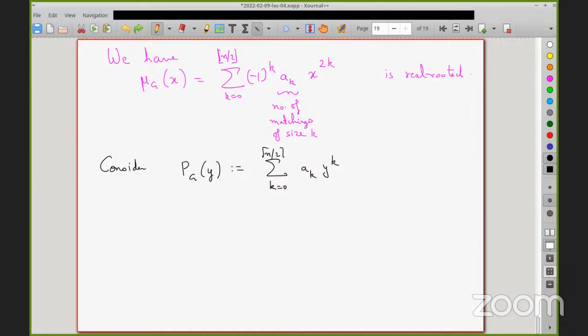Okay. But what is this mu_G(x)? Notice that P_G(y) is nothing but mu_G of i times the square root of y, for every complex y.